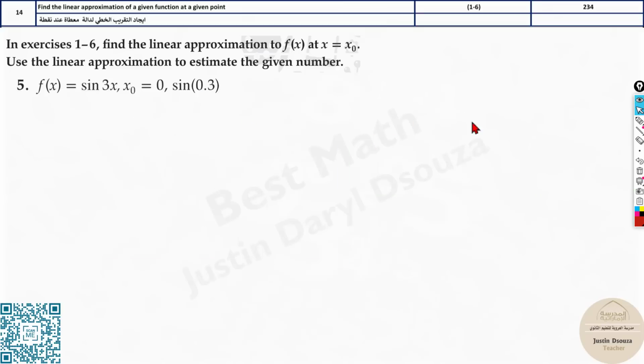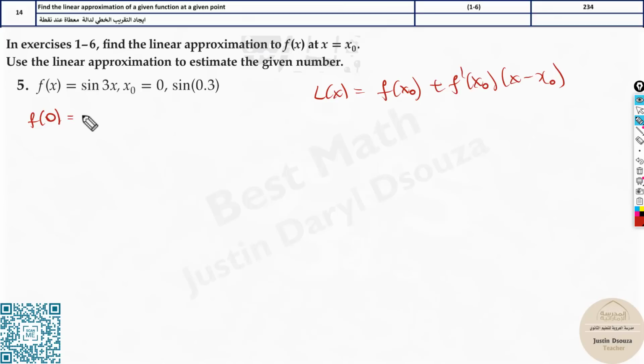Okay, let's do this one because it's a trigonometric function. Now, the formula doesn't change. The approximation will be equal to f of x naught plus f prime of x naught times (x minus x naught). Over here, f of x naught, I'll directly substitute as 0.